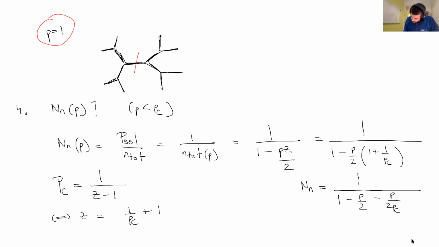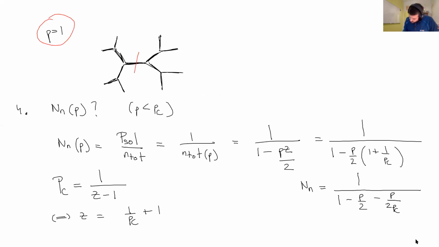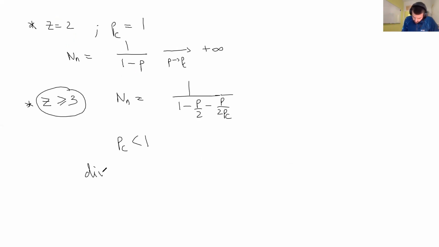And since PC is smaller than 1, in those cases, yes, it means that the divergence point will occur for P larger than PC. Okay, so this remains finite.